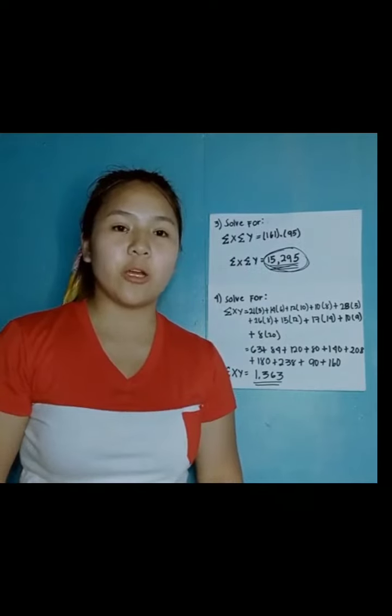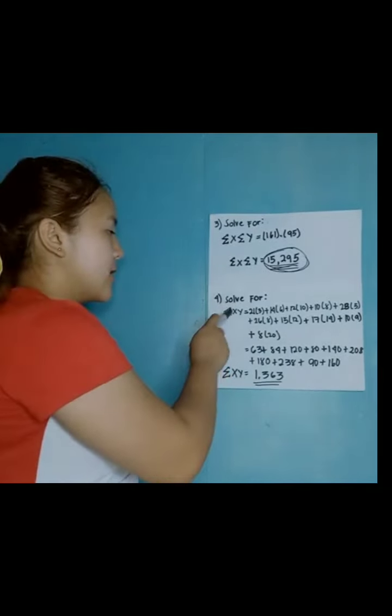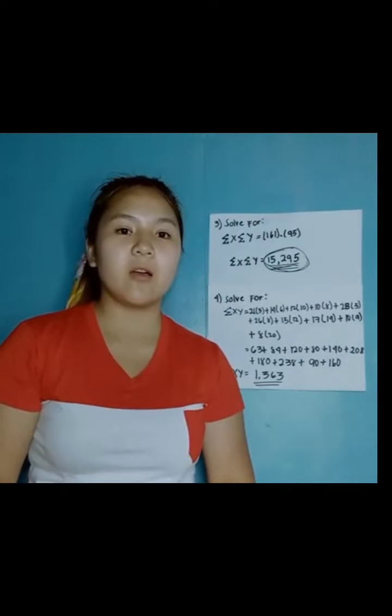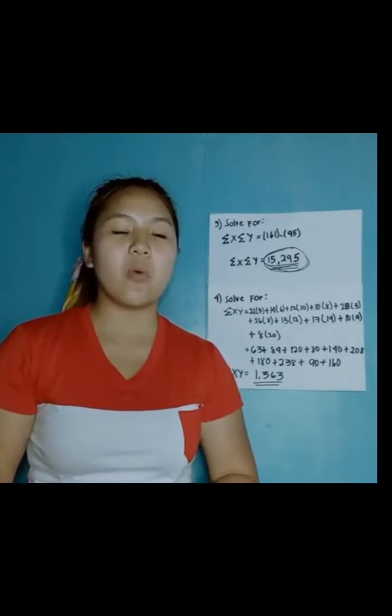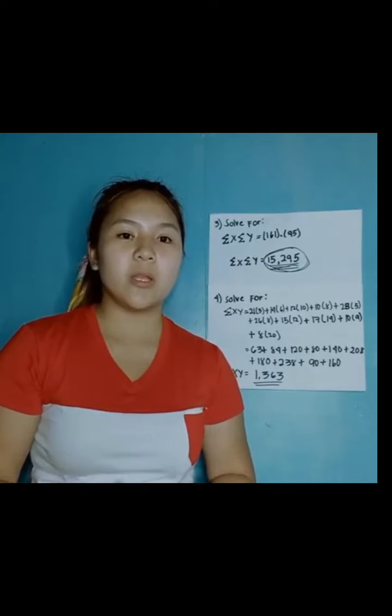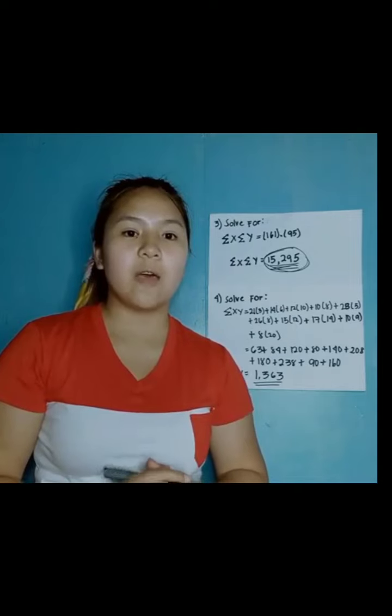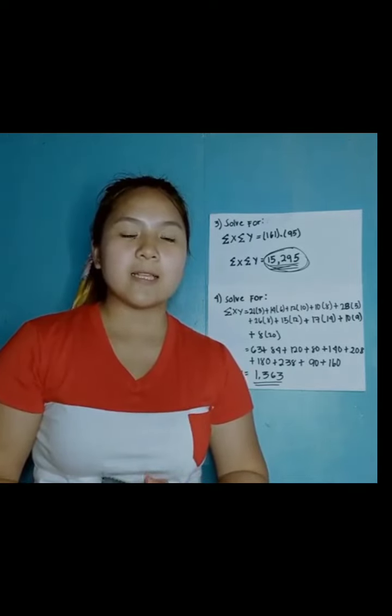In number 4, solve for the summation of xy. The sum of the product of the two variables x and y is the value which would result from the addition of the products of the values of x and y.